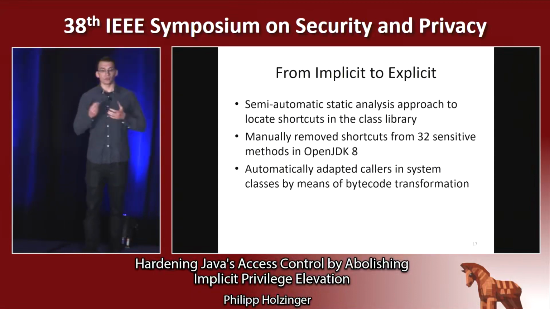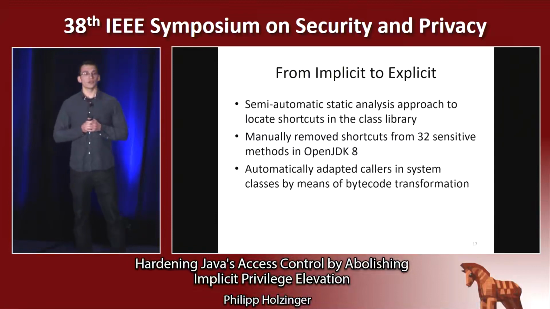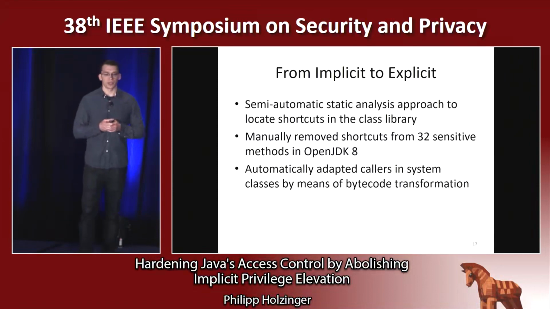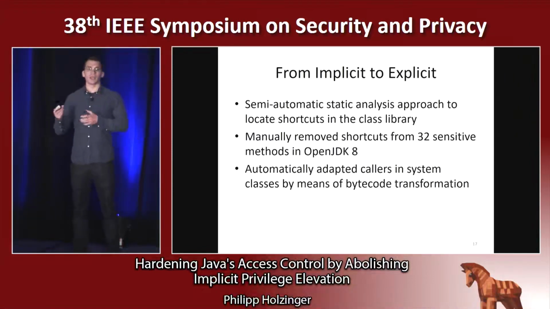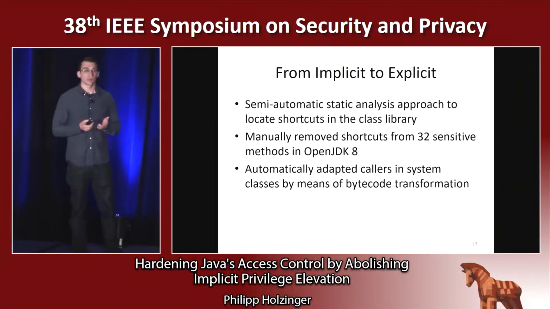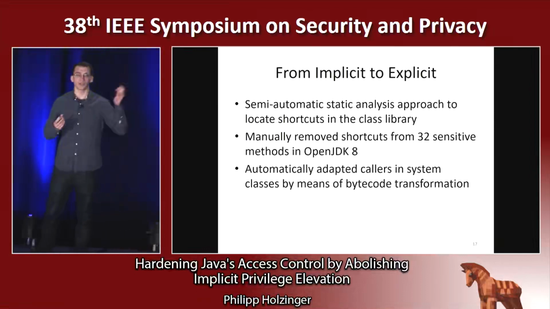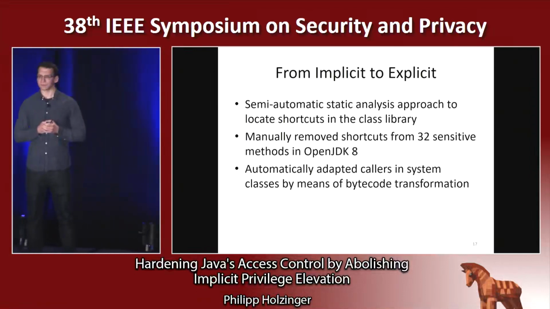We then manually remove the shortcuts of 32 methods in the OpenJDK 8. And we used an automatic bytecode transformation to adapt all callers that call the methods that we modified. This has to be done automatically because the number of callers is so incredibly large that you just cannot do that manually. It's thousands of callers, and you wouldn't want to do that.